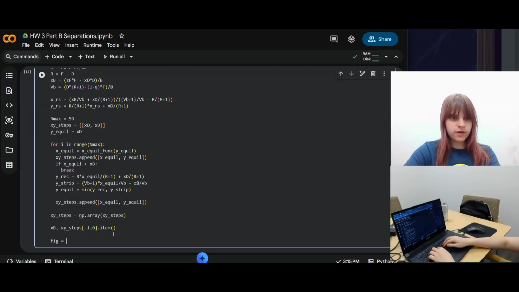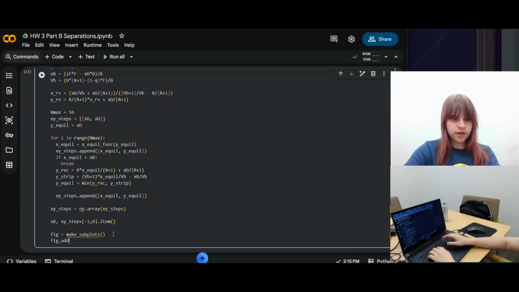So as always, fig equals make subplots. We want to add a scatter.